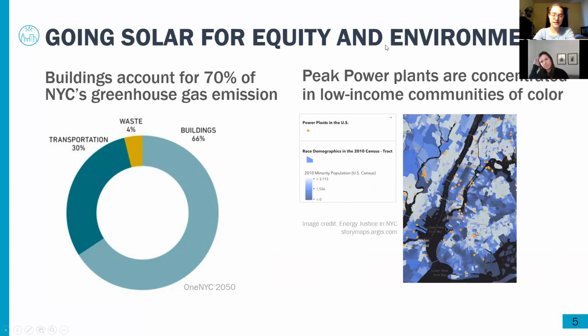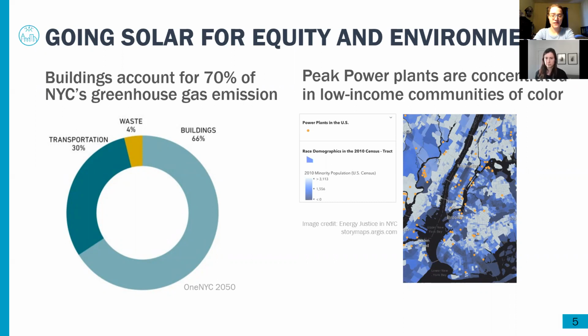And I think that that's especially important in New York because there are peaker power plants which only turn on at the peak load times of the year, which are usually in the afternoons in the summer when everyone's running their air conditioners. And that's when solar can produce the most.